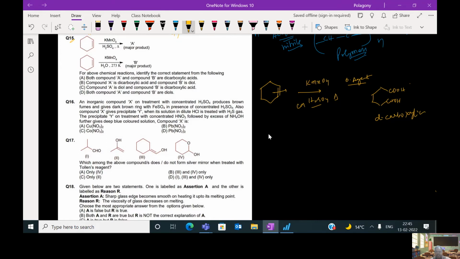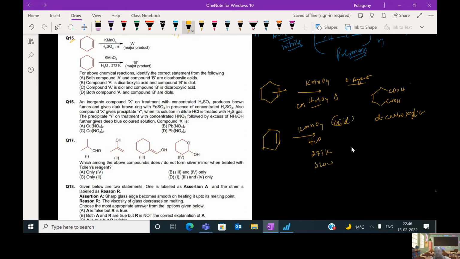And again, the same compound is treated with KMnO4 oxidizing agent, but instead of acid, neutral media is taken, 273 Kelvin, a low temperature, and water medium. The reaction is mild and slow.